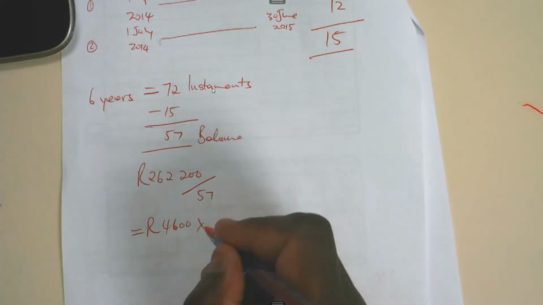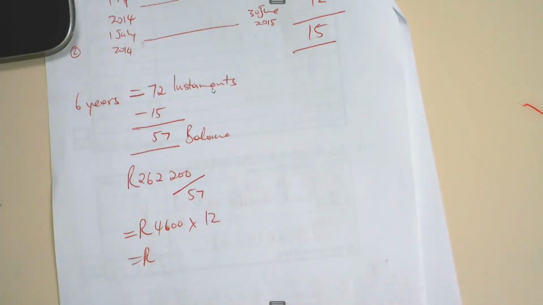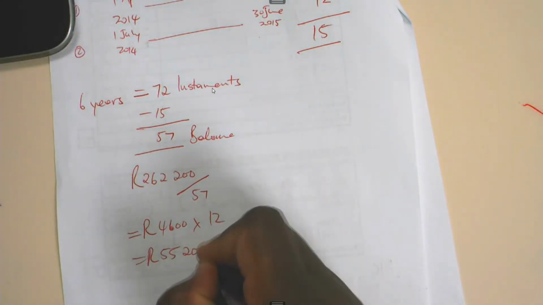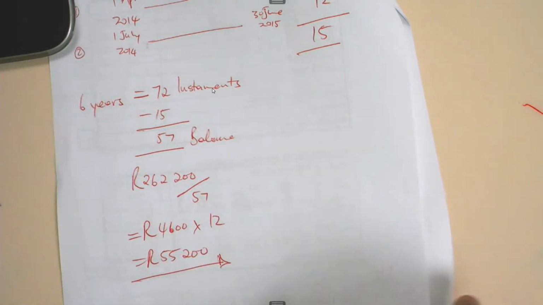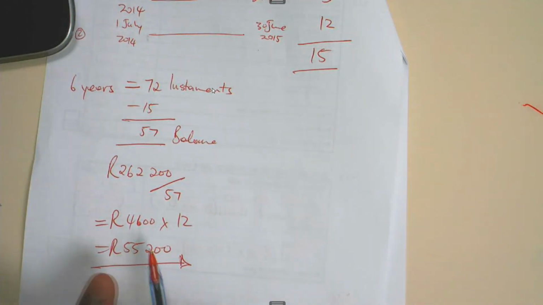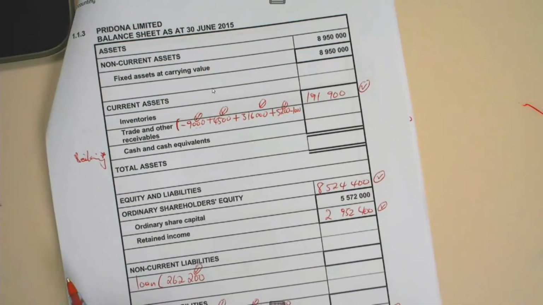It means for a year it will be how much? 4,600 times 12 is 55,200. Within the next financial year, this is what we are going to pay towards the balance of our loan, which is 55,200 rand.